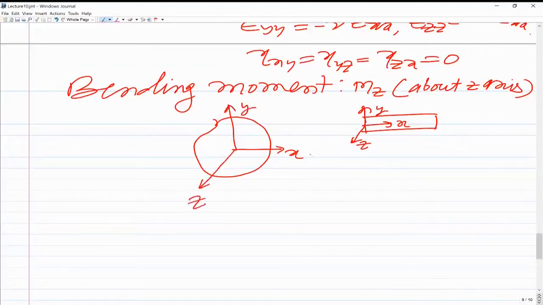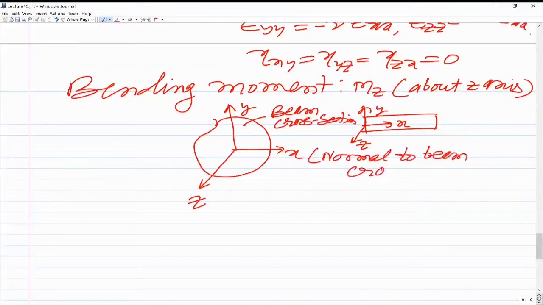So basically x is normal to the beam cross section.